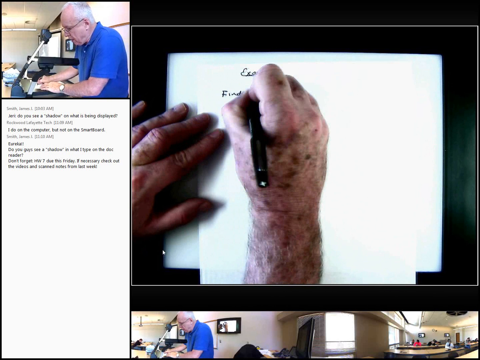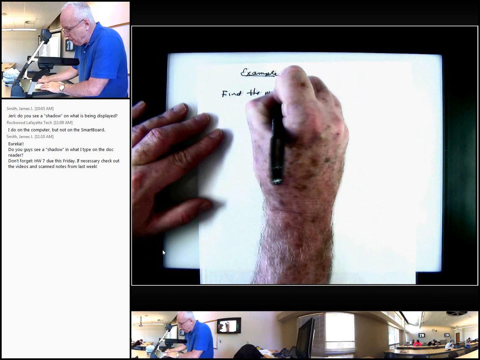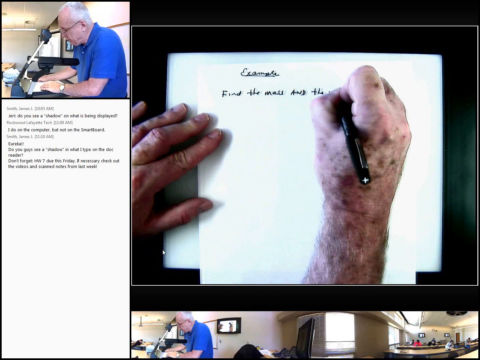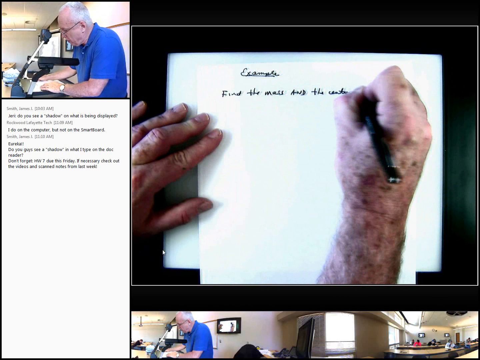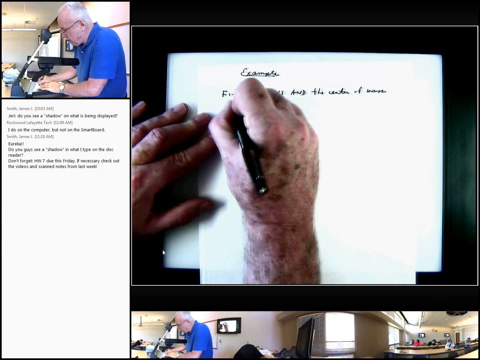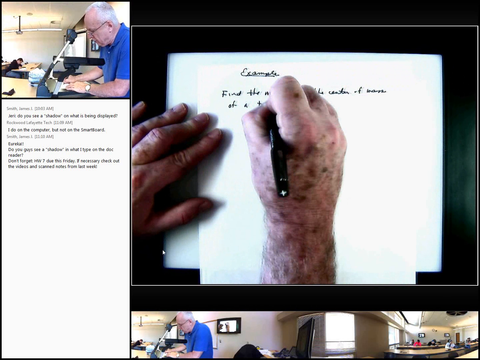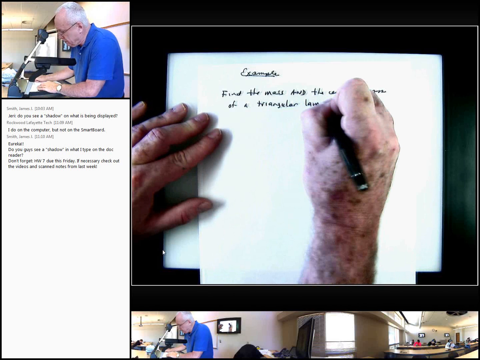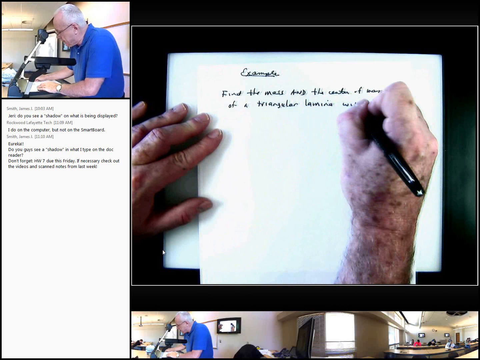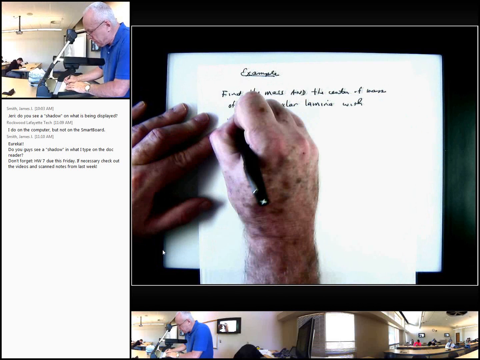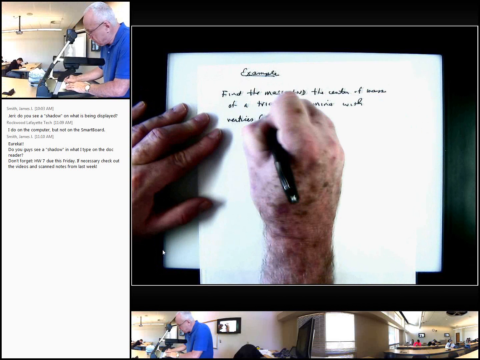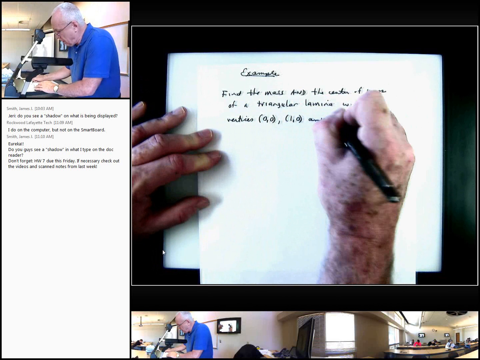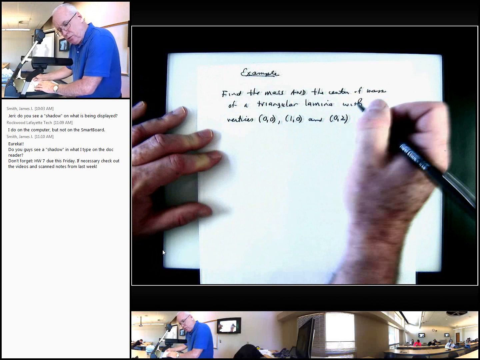Find the mass and the center of mass of a triangular lamina with vertices (0,0), (1,0), and (0,2).